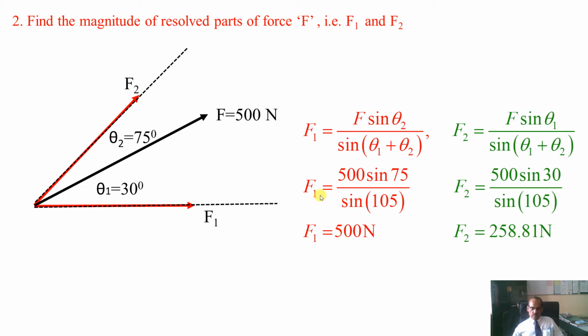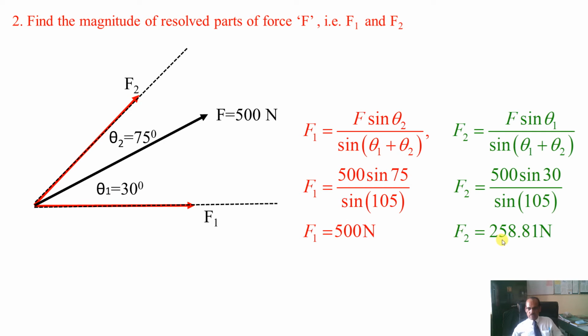This is F1: 500 sine 75 divided by sine 105, you will get F1 as 500. And when you write the component F2, you will have to take the opposite angle sine theta 1, that is 500 sine 30 divided by sine 105, which is the same denominator for both.